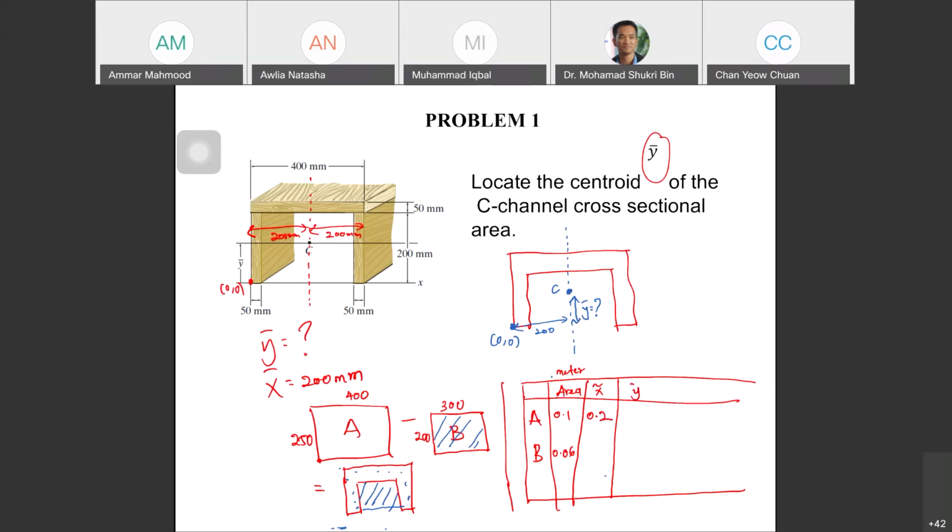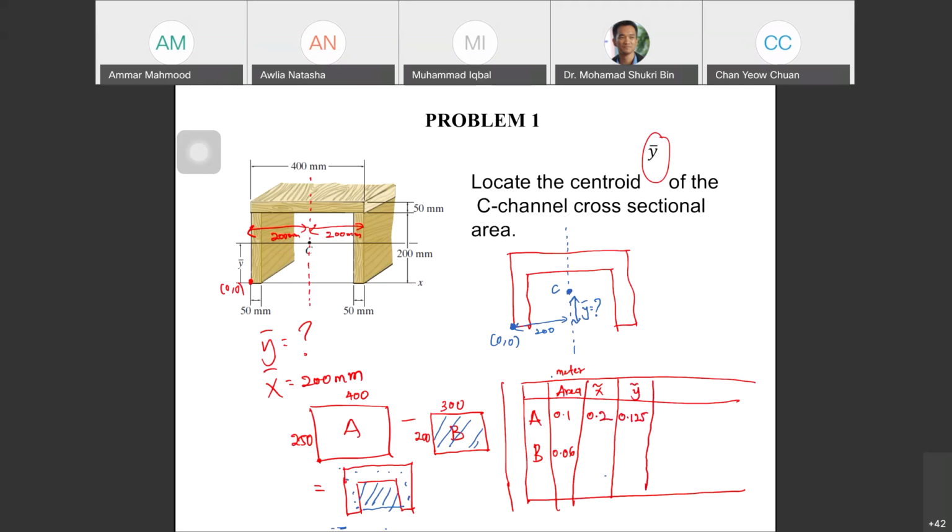And Y bar is 250 divided by 2, berapa? 125, 0.125. That is Y bar for the A.